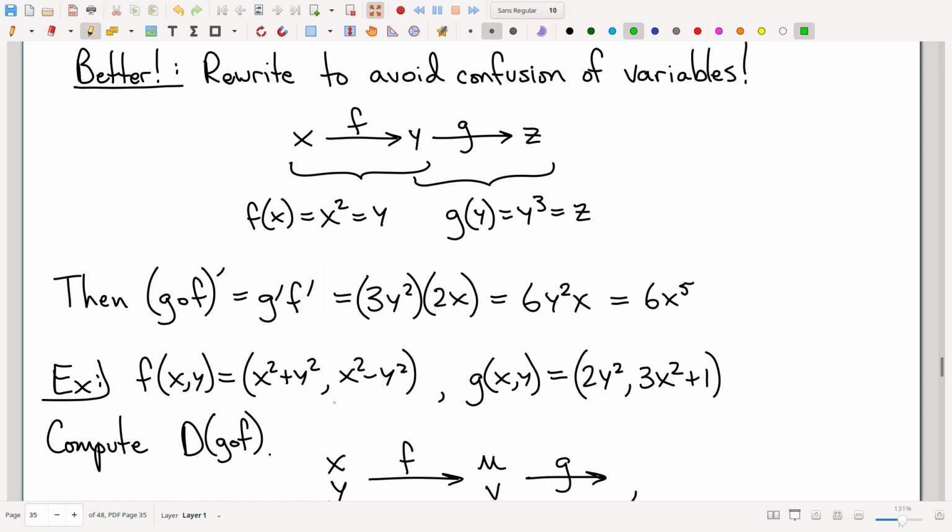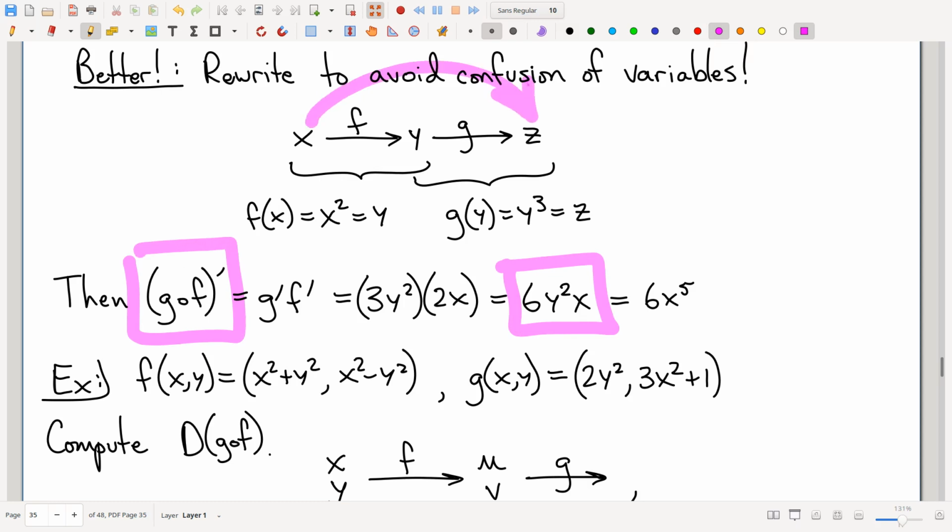And then I get this nice little visual cue here that this result that I most immediately got for how to compute the derivative of the composition, well, the composition is written in terms of x. Let me say that differently. The composition is ultimately a function of x, so my answer should be written in terms of x.